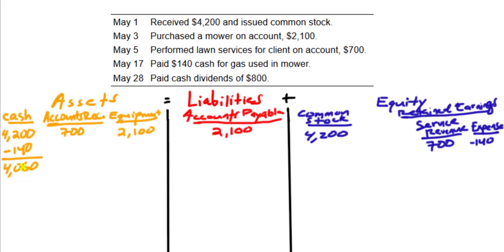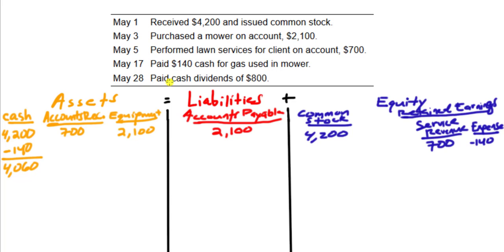It's easy to visualize that $140 cash left the business. Subtract out 140. But remember, equity and liabilities, these are kind of those theoretical, intangible aspects of the accounting equation. So it can be a little trickier here. But equity decreased. You lost $140 cash, so your owner's equity also decreased due to an expense. Okay. Once again, does the equation balance? Yes, it does. We subtracted $140 from each side of the equation.